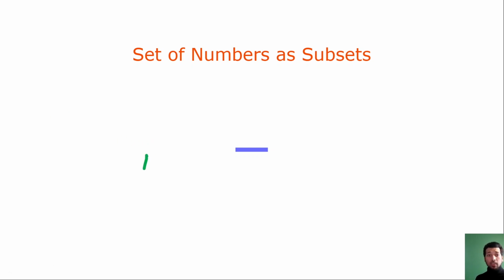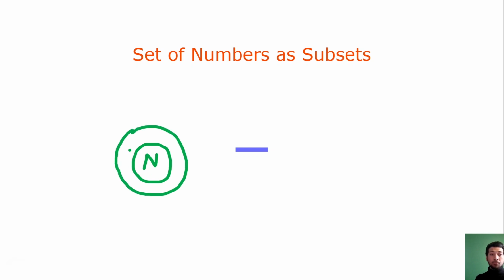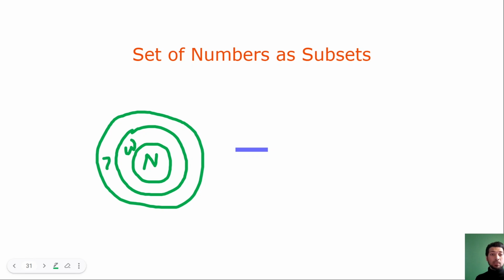So we start off with the natural numbers, which is symbolized by the letter N. And then we add 0 with this natural number to include the whole number set. And then we add the opposites of these natural numbers to include the integers.